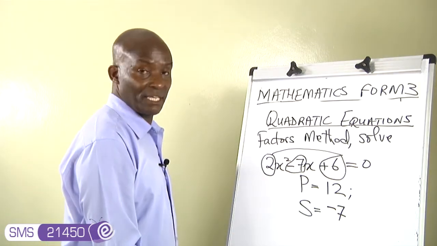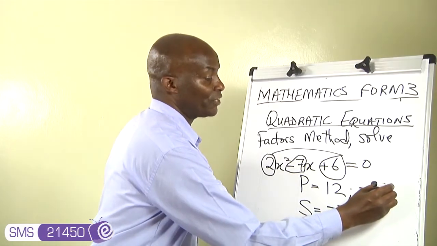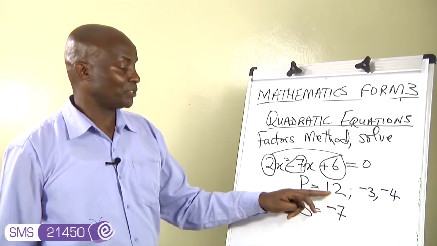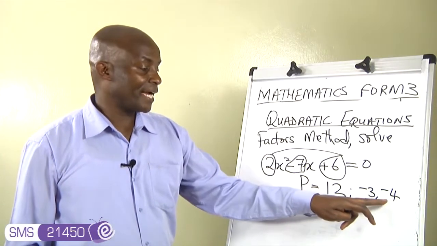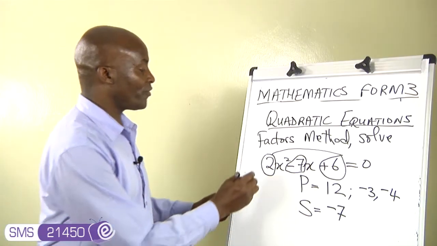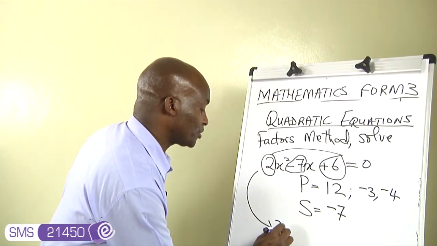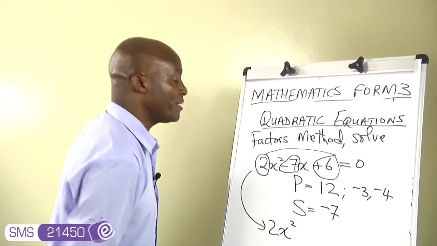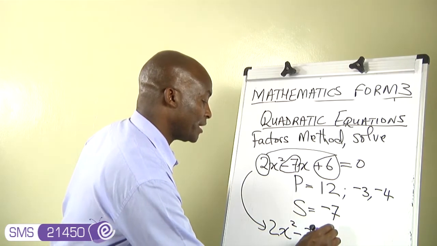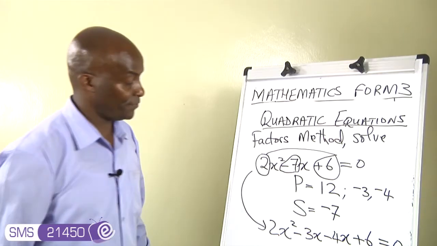So we take 3 and 4, and in that case there will be negative 3 and negative 4. When we multiply negative 3 by negative 4, we get positive 12. When we add negative 3 to negative 4, we get negative 7. So then we rewrite our equation with those factors. So the middle term becomes negative 3x minus 4x, then plus 6 is equal to 0.